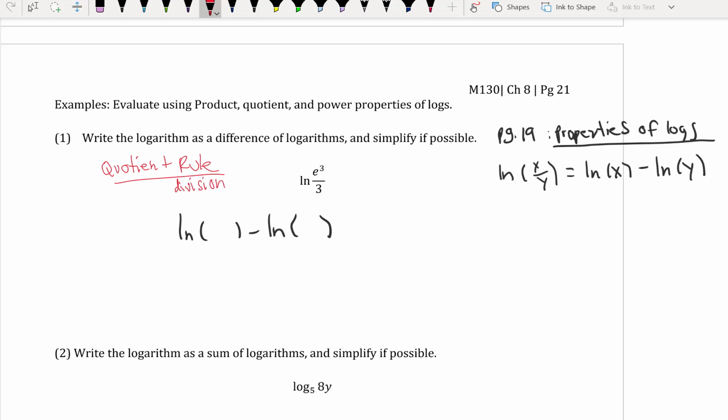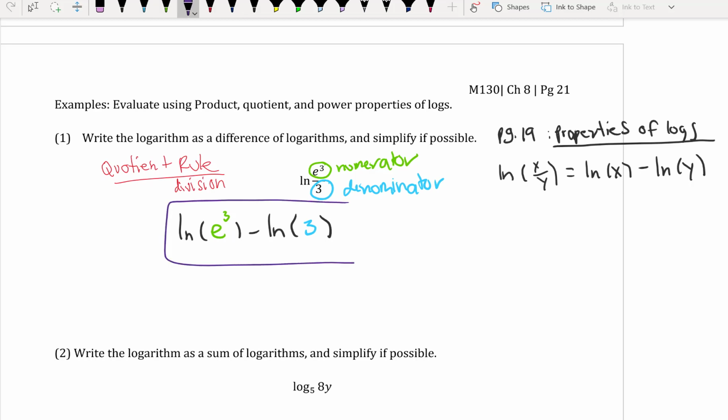So now we just take our numerator, and that's going to be the thing that's listed first, so e to the 3rd power. Then we take our denominator, and we plug that into our second pair of parentheses. So then that ends up becoming my final answer.